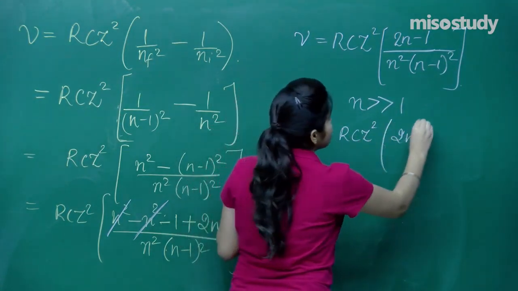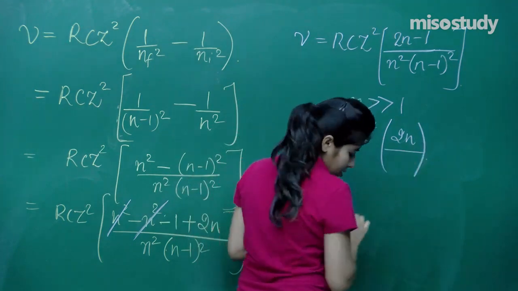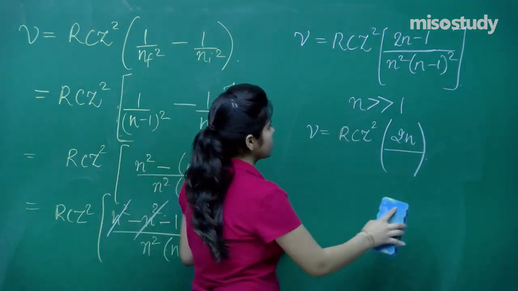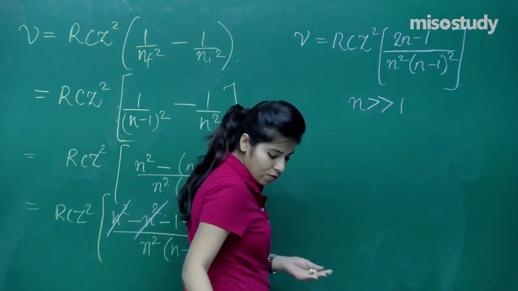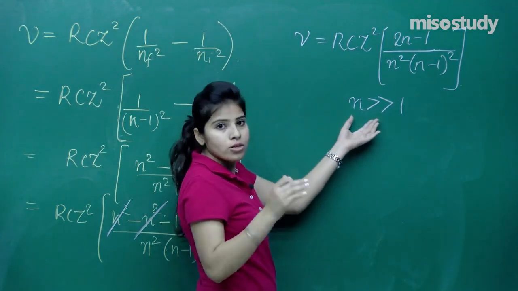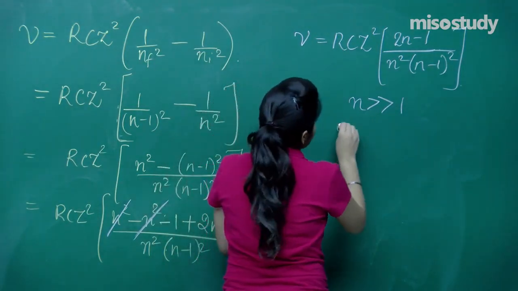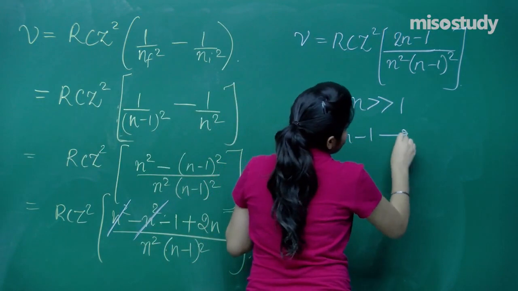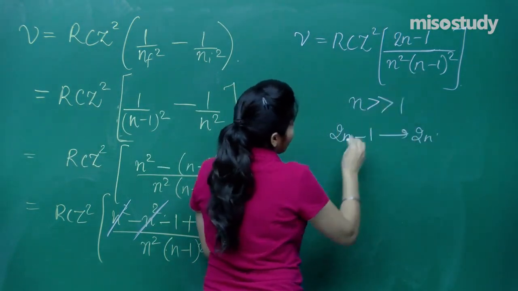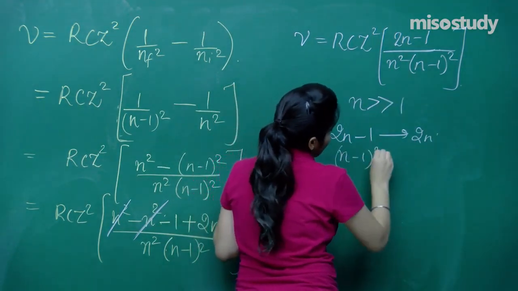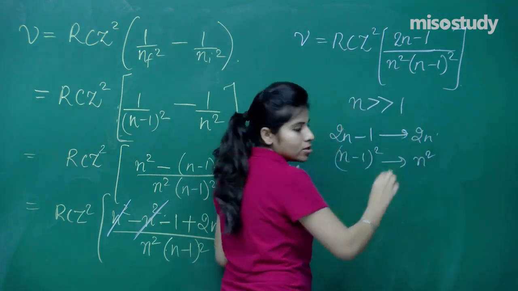So we write nu equals RC(Z) square into 2n, ignoring the 1, divided by, okay, let me first write it: if we apply this situation, this 2n minus 1 will be converted to 2n, and this (n minus 1) whole square will be converted to n square.